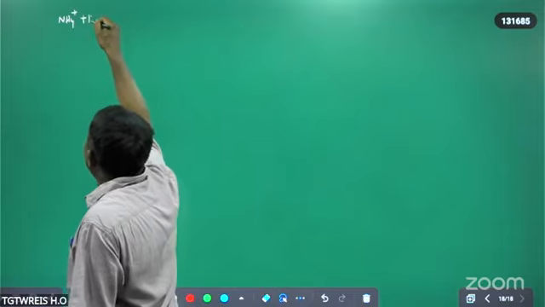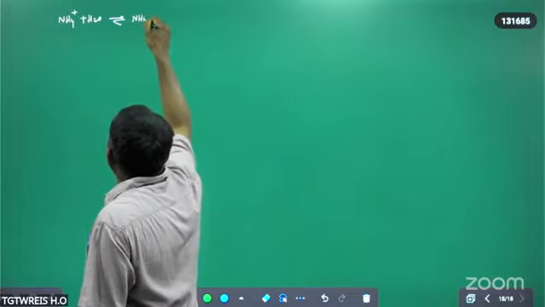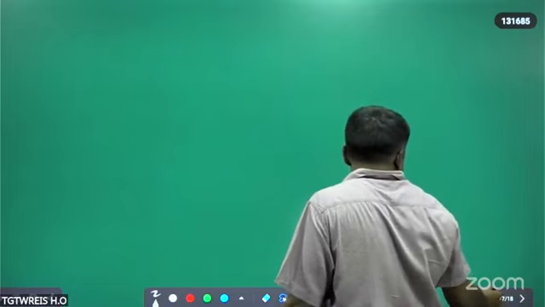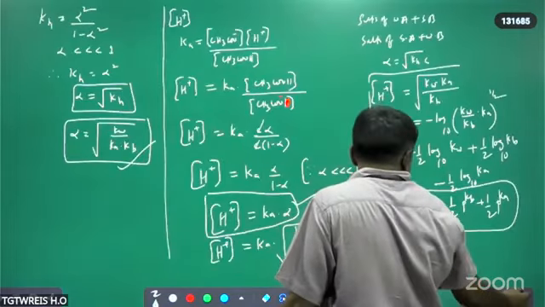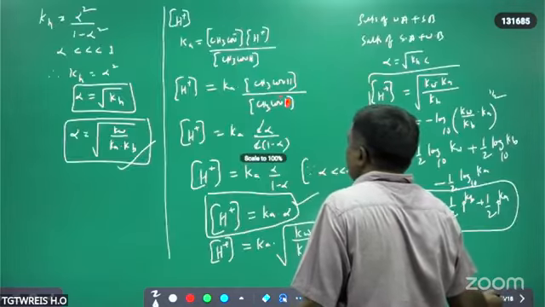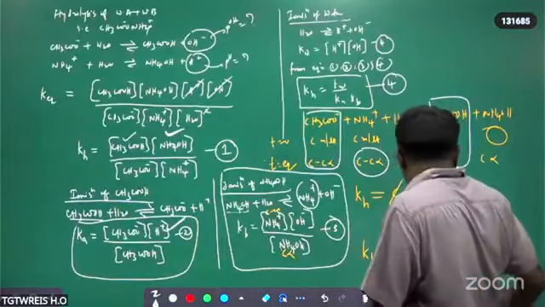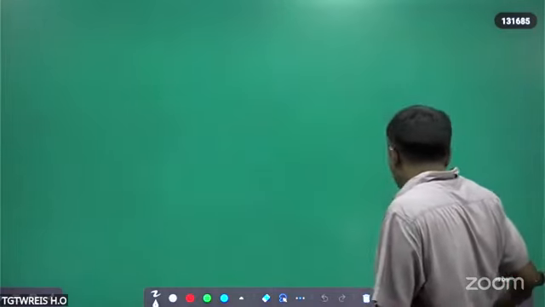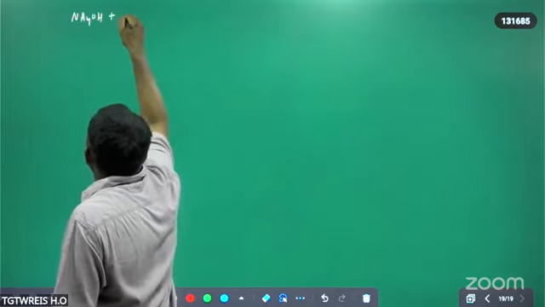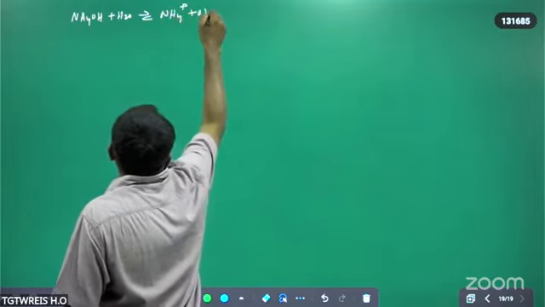NH4OH plus water, you will get NH4 plus and OH minus.